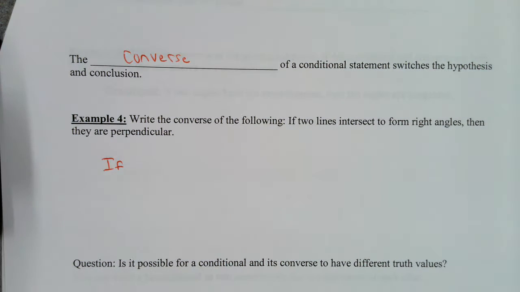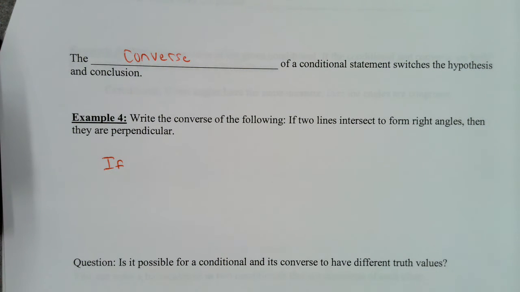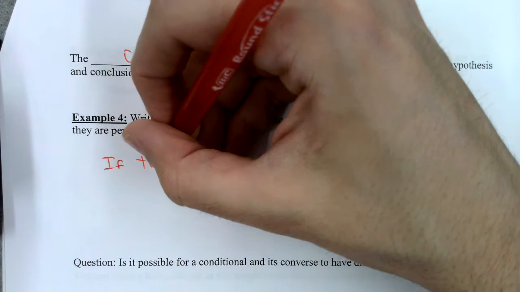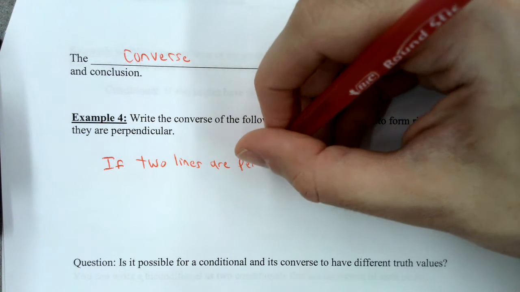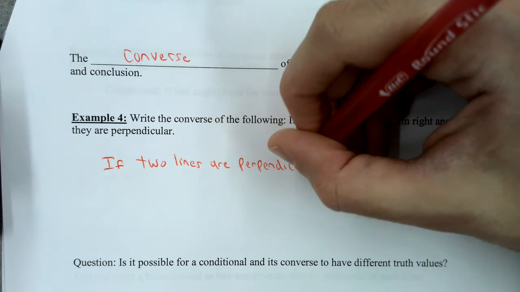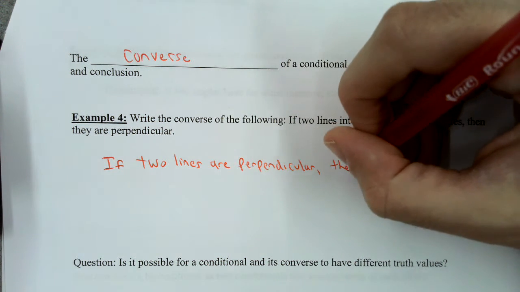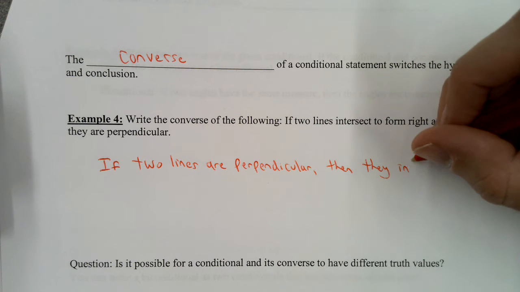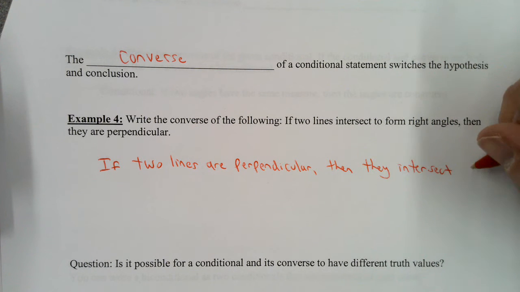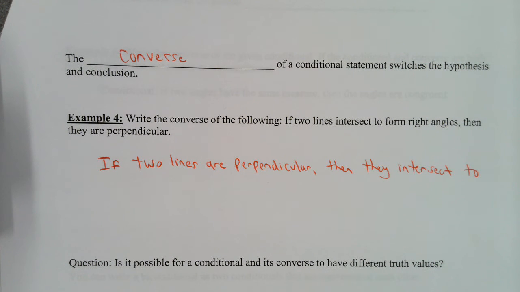The converse, you're going to switch the hypothesis and the conclusion. So it will be, if two lines are perpendicular, then they intersect to form right angles. Again, just make sure your sentences sound good grammatically.